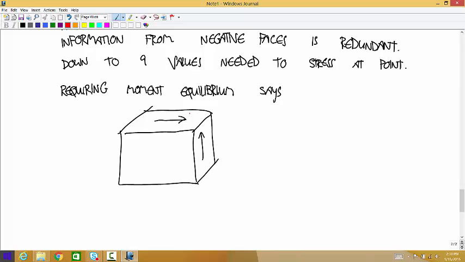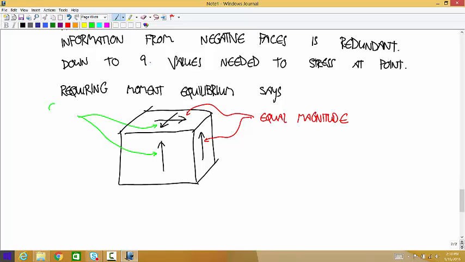So these have to be equal and opposite, equal magnitude. These have to be equal magnitude, and these have to be equal magnitude.